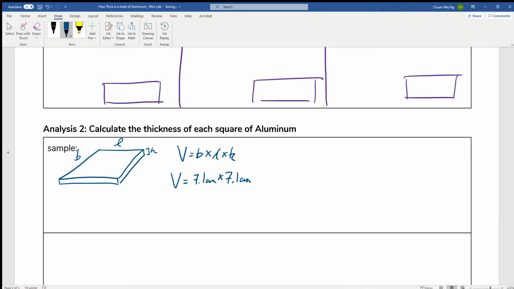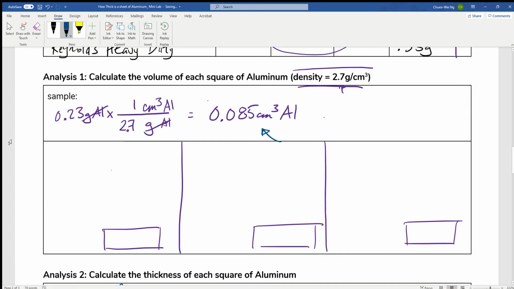I measured this with a ruler, times the height. This is the one that we want to know, right? How thick is this piece of aluminum, our H, our thickness? And of course, V, we can fill this sucker in, right? V is going to be this number up here, 0.085, right?